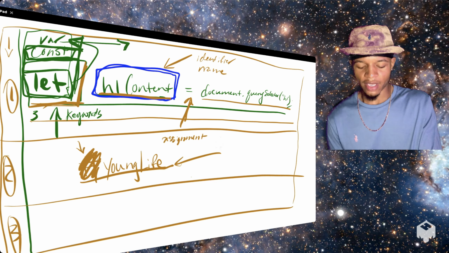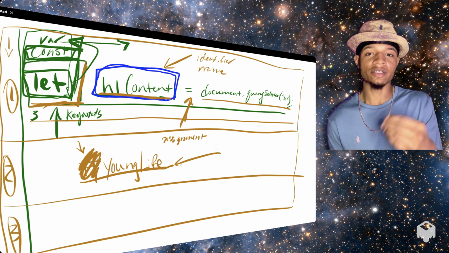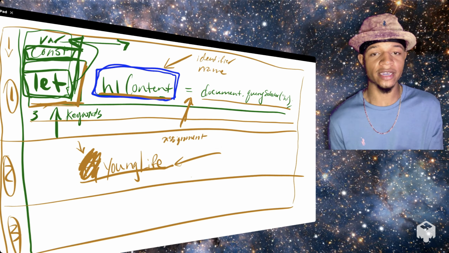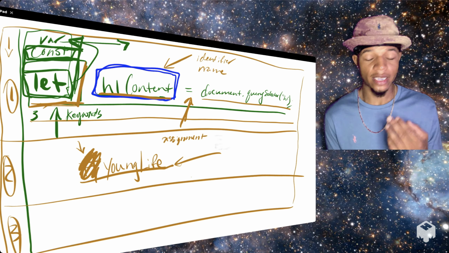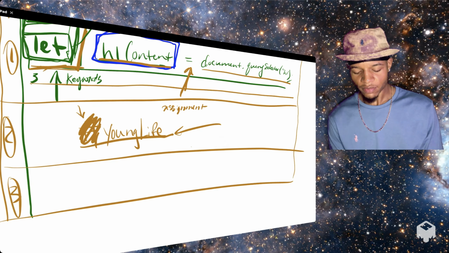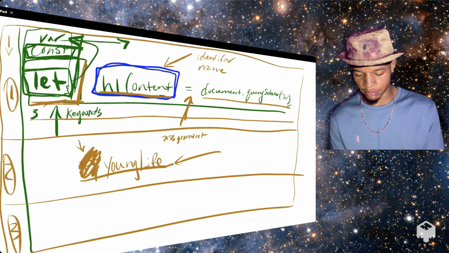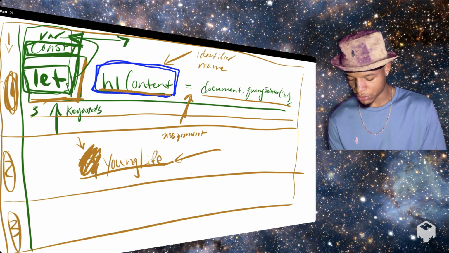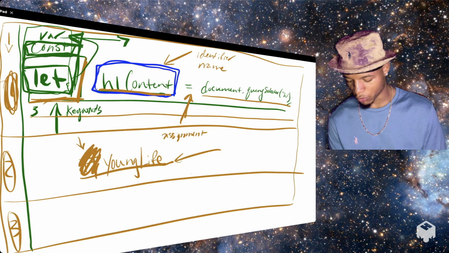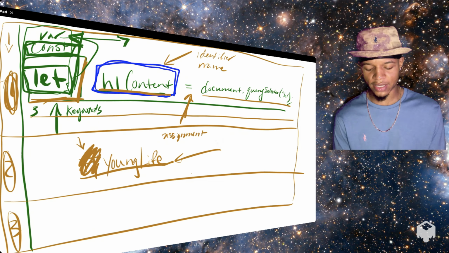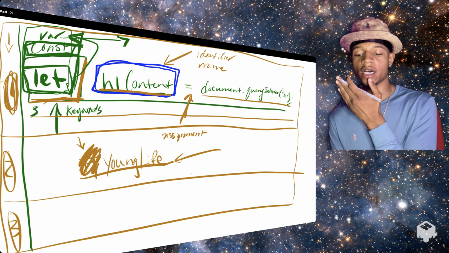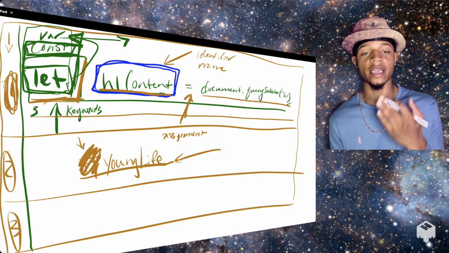With that understanding, that's really how all data and variables work in computer science, for real. So hear me out. Like I said, on line 1, we're telling the computer to create us a variable. We're saying let h1Content equal document.querySelector, and we get the h1.